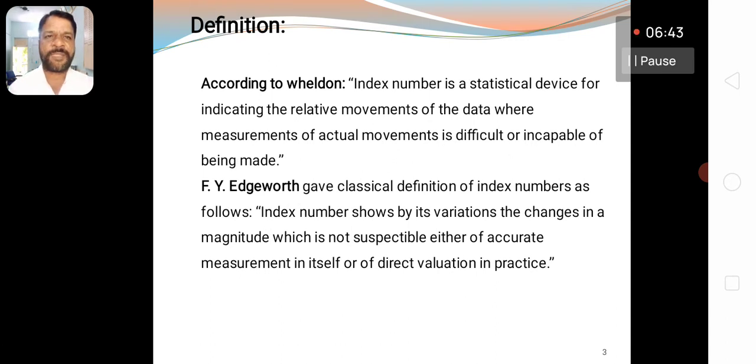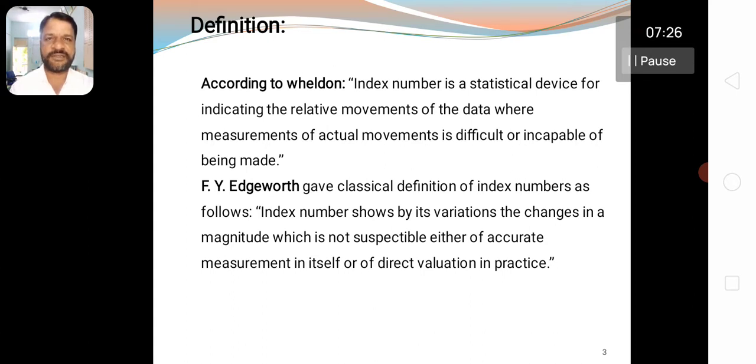Then the definition according to Weldon: index number is a statistical device for indicating the relative movements of the data where measurements of actual movements is difficult or incapable of being made. Now in this case the statistical device or technique can be used to calculate the index numbers or to calculate the changes of the prices of the various commodities, whether retail or wholesale prices.